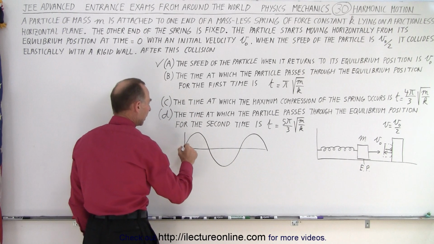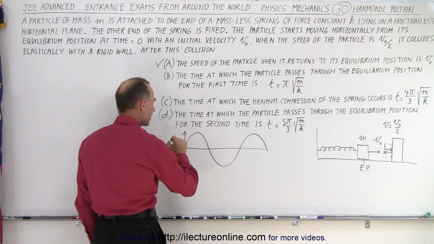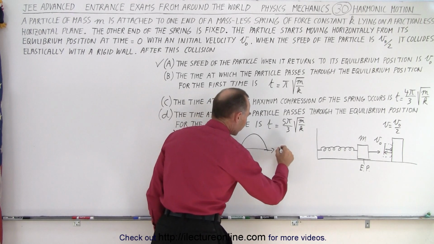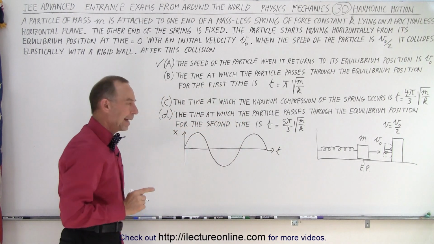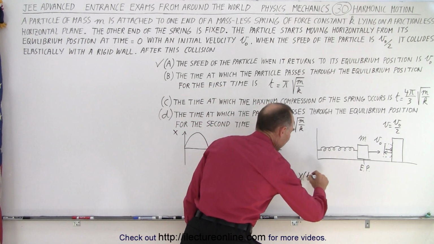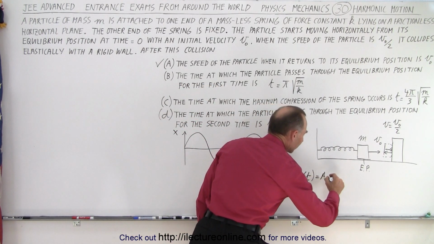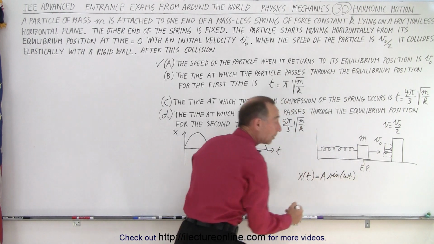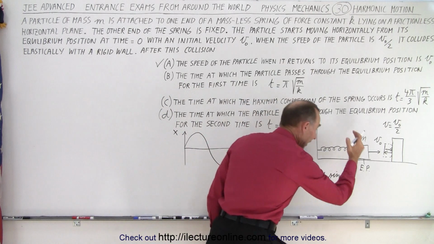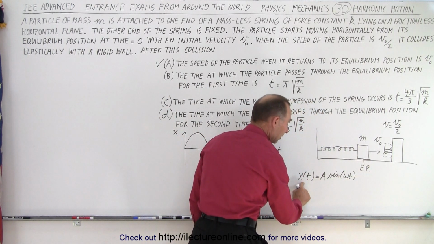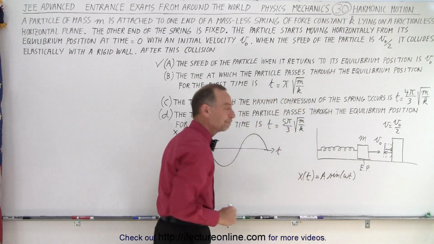This would be the displacement x as a function of time. The equation for that would be that x as a function of time is equal to the amplitude times the sine of omega t. Now there's no phase angle because it starts at t equals 0 at the equilibrium point, so when this is 0, the displacement will be 0, so that works out.